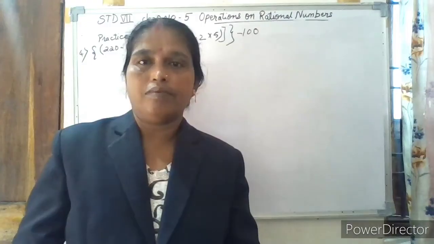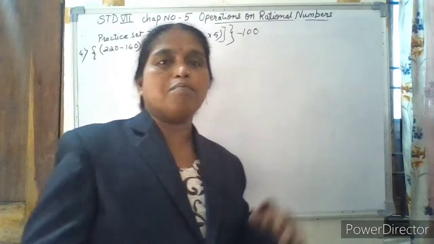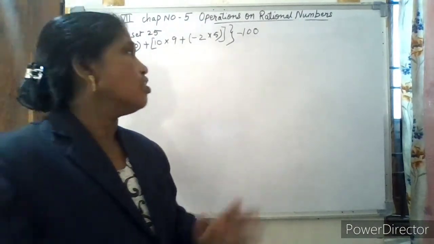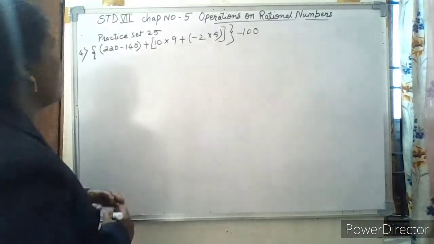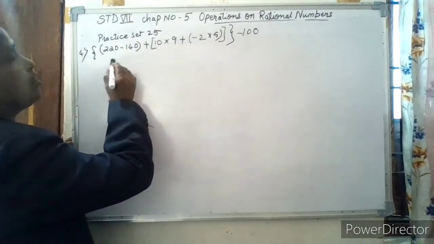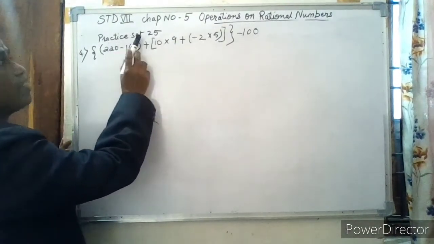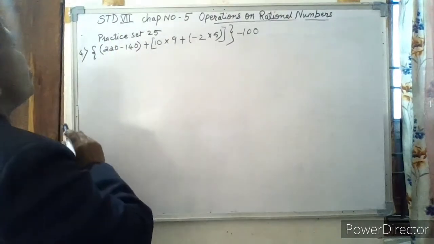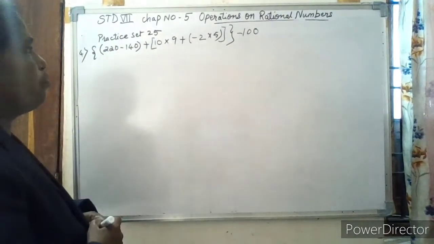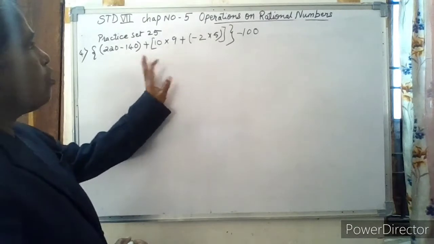Now let us solve one more simplification, which is the last question of this chapter. And our last question which I am solving in this chapter is taken from practice set 25, fourth question. I have taken this question because it is given in a little different way.